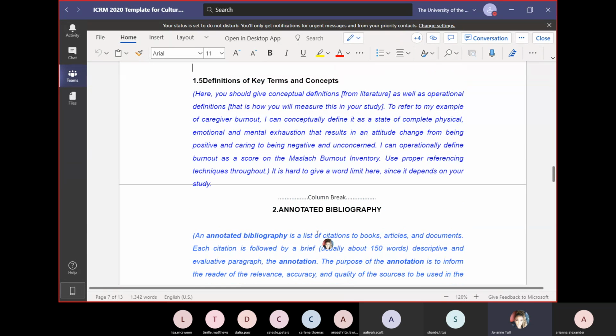Right, definition of key terms and concepts. So what this is really, class, is that under humanities research, within their work, they always do a kind of glossary, all right? So all you are being asked to do is to pick out what may be 10 key words or phrases that are specific to your research and you give a definition.